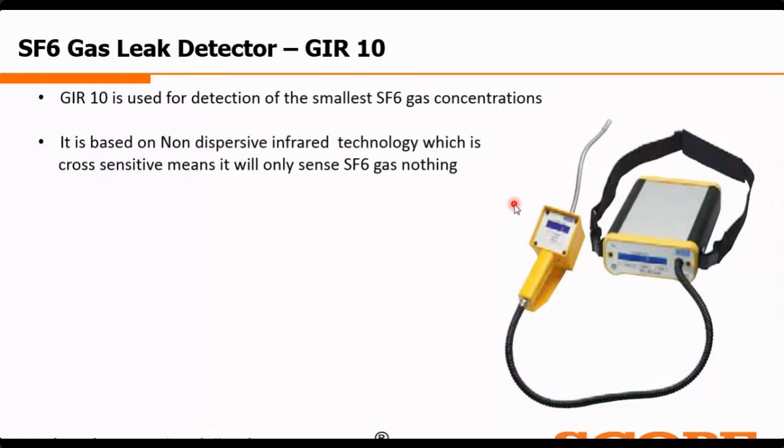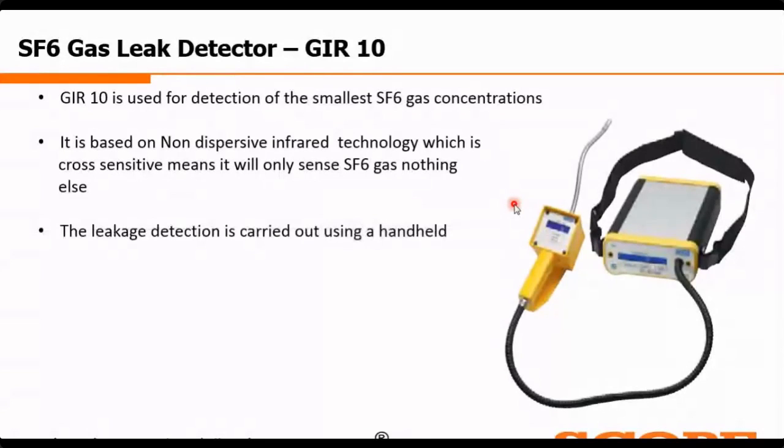In the GPT-1000, we have seen that it can also sense other halogenated refrigerants. But here, in the GI-10, as it is a cross-sensitive sensor, it will only detect SF6. Why it is not sensing the other gases, I'll explain while explaining the working principle of this particular sensor.